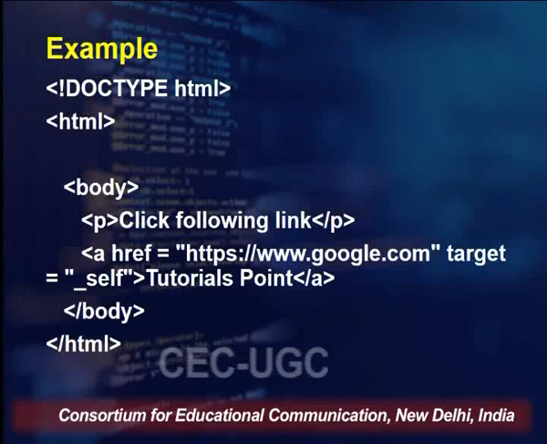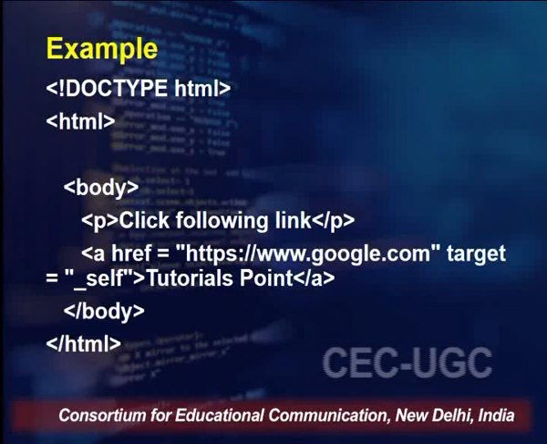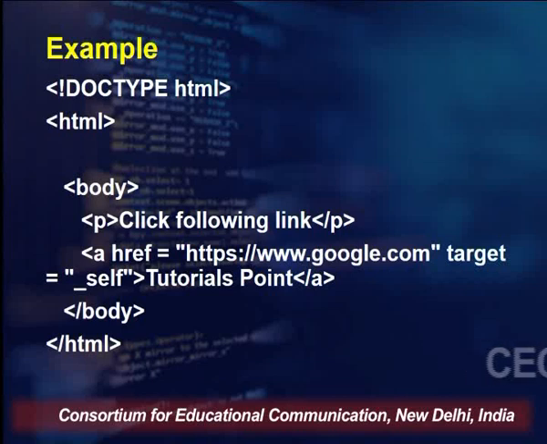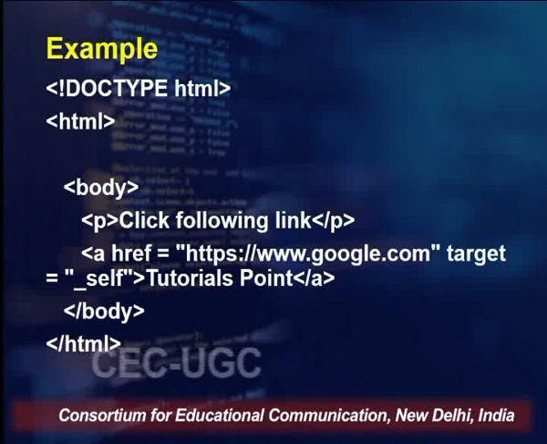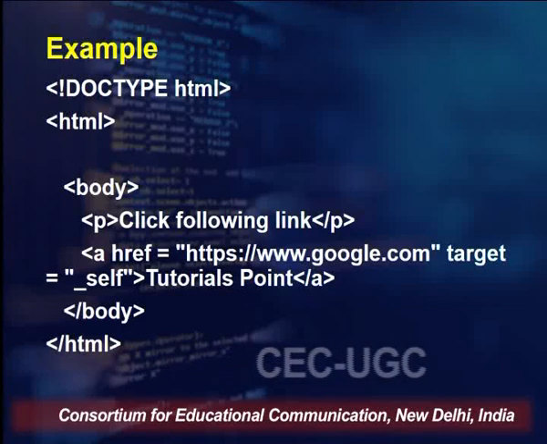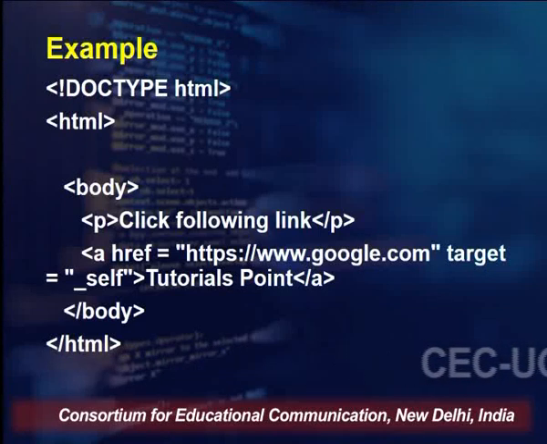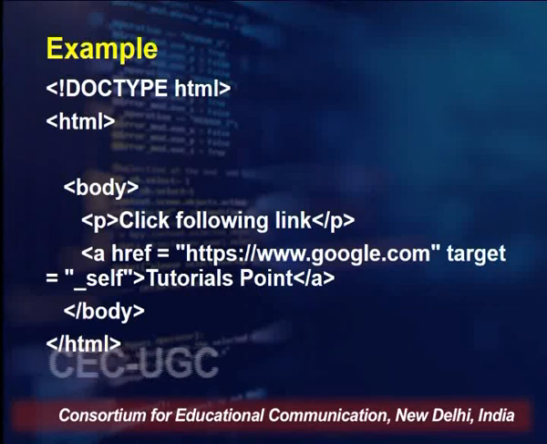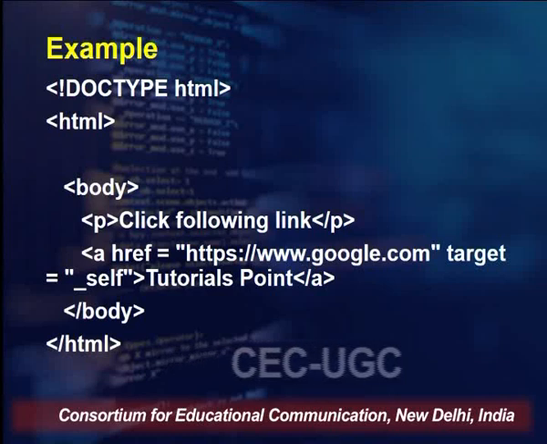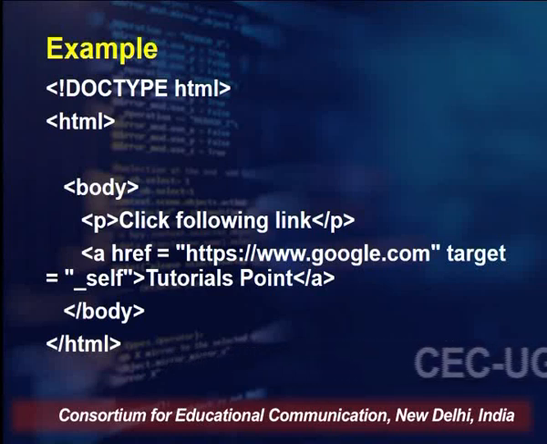This tag is a paired tag, closed by /a, and another attribute of this tag is target. I'll be covering all these in a short while. Just to have a feel of the whole tag, let's see the example available on the screen.